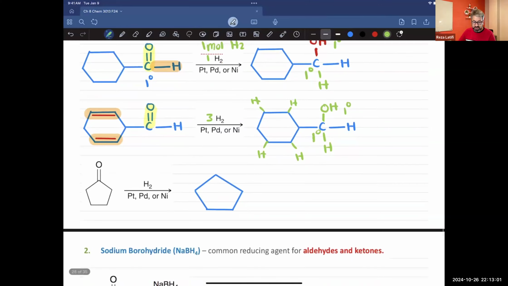Now, if you have a ketone, instead of aldehyde, so this time we have ketone. Reduction of ketone will give you alcohol, but it will be a secondary alcohol because carbon is attached to 2 carbons. Okay.